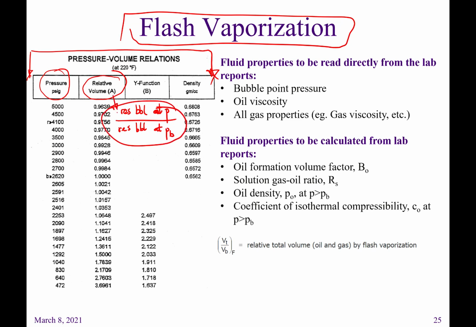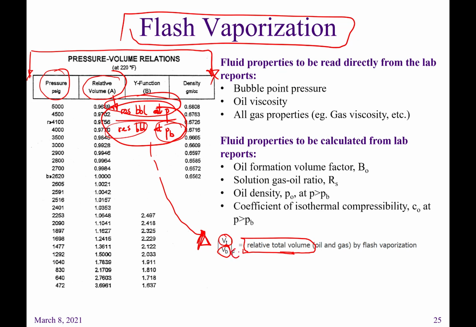So that's what this relative volume is. And that's precisely what this is. It's VT over VB. And now you know what VT is, total volume at reservoir pressure. VB is reservoir barrels at bubble point. So it's a relative volume.